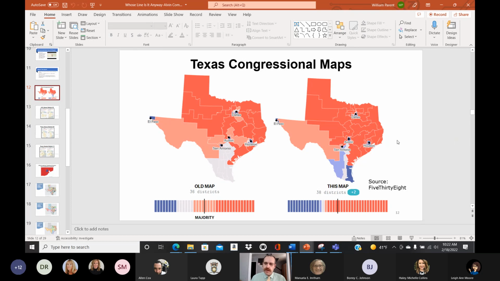If we look here on the right, we can see, once again, Texas gained those 2 House seats, and the number of districts that trend towards the right and favor Republicans has increased. The number of competitive districts has decreased, and the number of districts held by Democrats has increased as well.